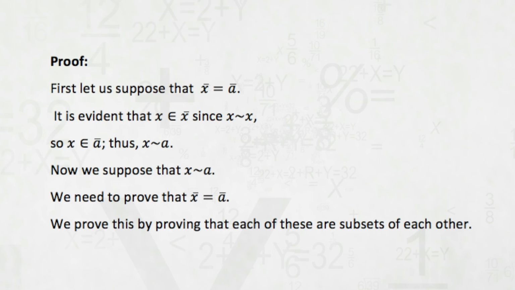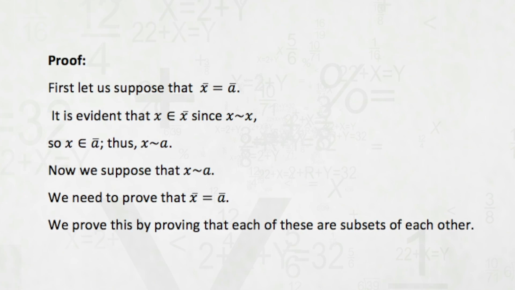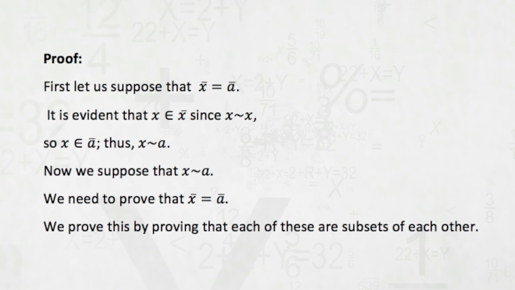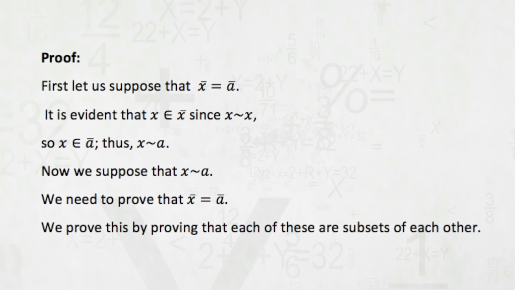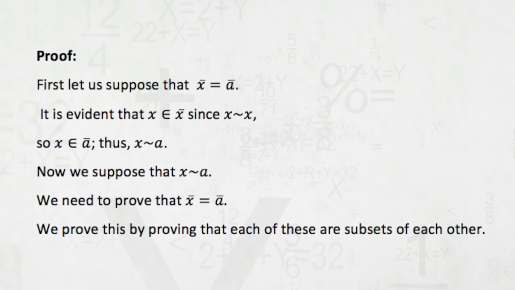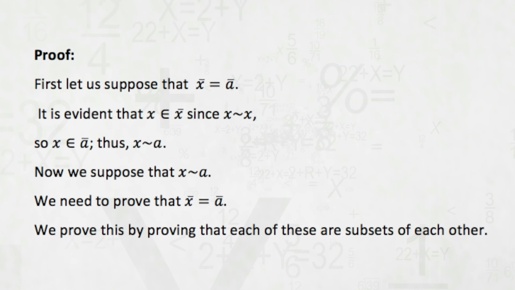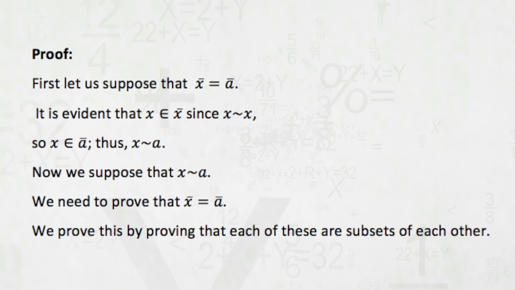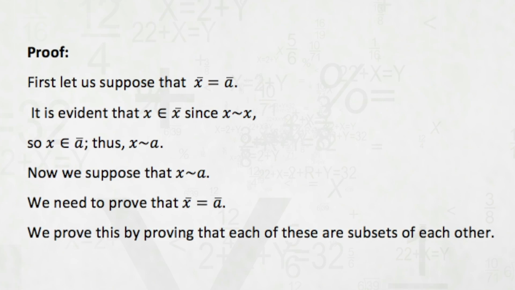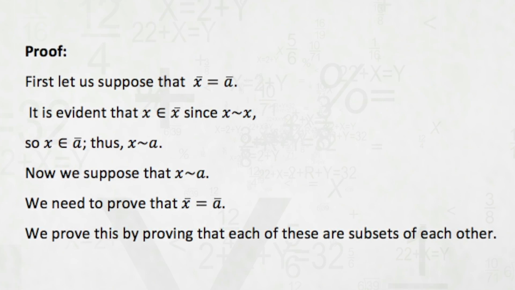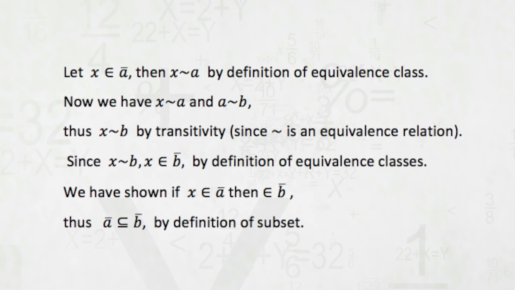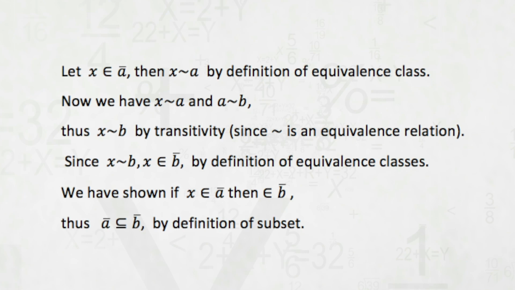First, let us suppose that x bar is equal to a bar. It is evident that x belongs to x bar since x tilde x, and so x belongs to a bar, thus x tilde a. Now we suppose that x tilde a, and we need to prove that x bar is equal to a bar. We prove this by proving that each of these is a subset of the other. Let x belong to a bar, then x tilde a by definition of equivalence class.